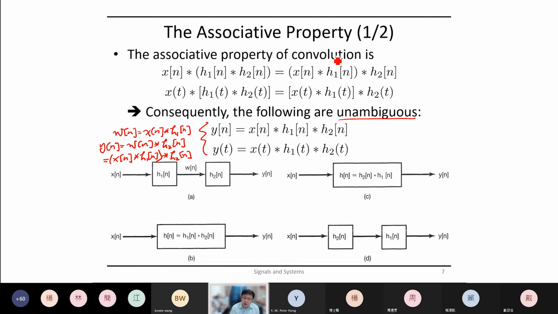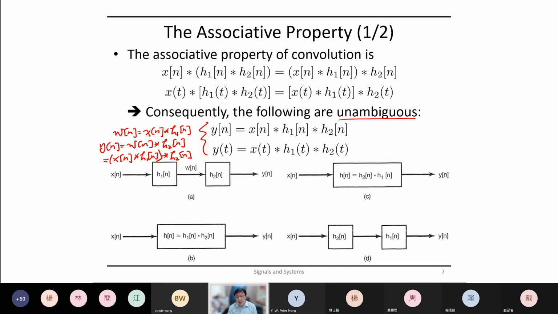So if you're looking at a convolution computed like this, you're effectively looking at a system where you take x and first pass it through a system with impulse response h1, followed by a system with impulse response h2. Now this associative property tells us that this is equivalent to passing x[n] through a system with impulse response equal to the convolution of h1 and h2.